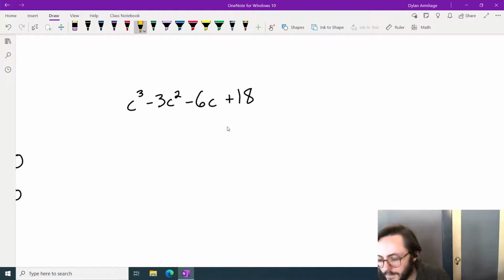If we have this 1 in the front as our leading coefficient, we go from positive 1 to negative 3. And here we go from negative 6 to positive 18. Both times we are multiplying by negative 3.